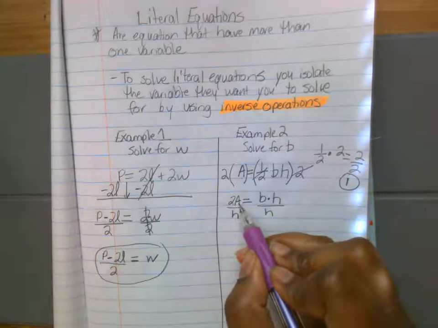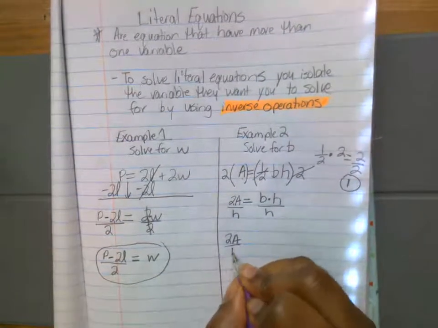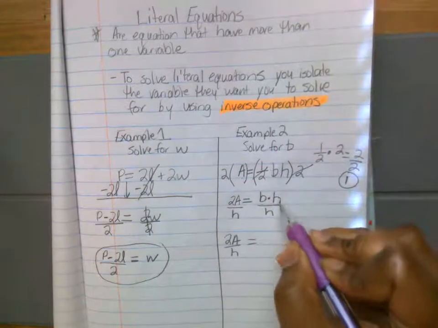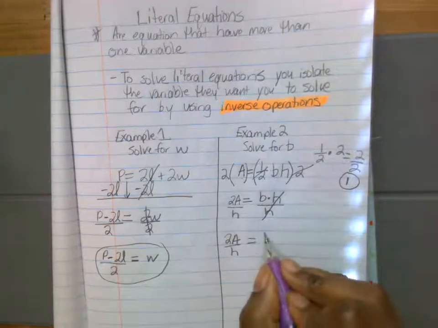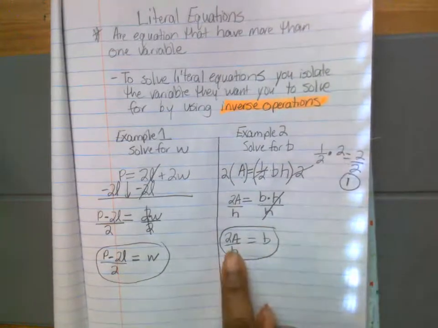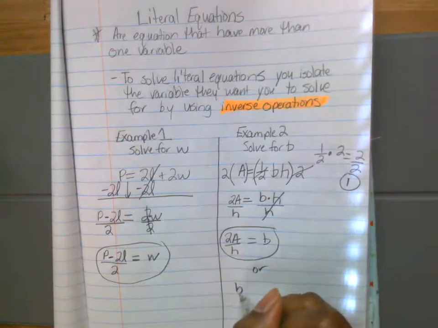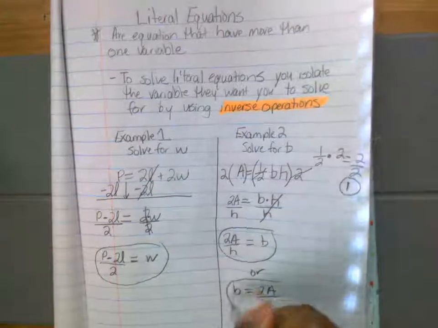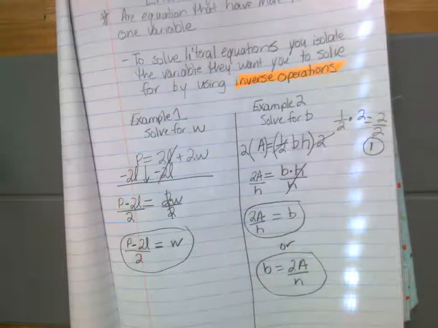This is going to give me 2A divided by H is equal to, over here, H divided by H is 1. 1 times B is just going to be B. So this is the expression that B is equal to. And guys, remember, another way to write this is you can say B is equal to 2A divided by H. Either way is okay. Any questions?